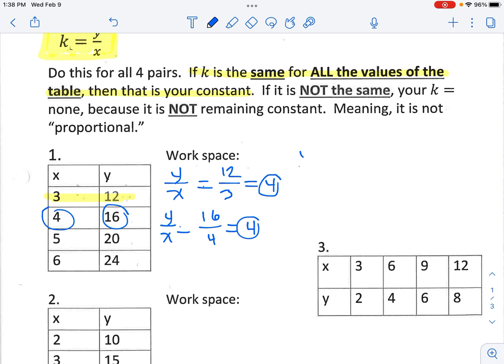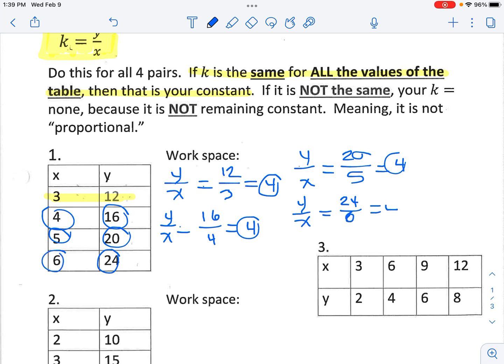If I look at my next values, the ratio of y to x, my y is 20 and my x is 5, and that simplifies to 4. And if I look at my last one, I've got 24 for y divided by 6 for x, and that simplifies to 4.